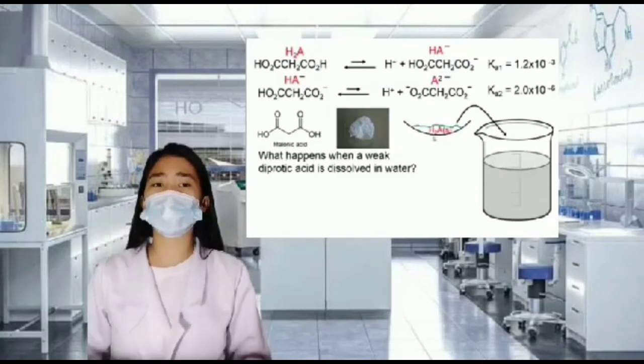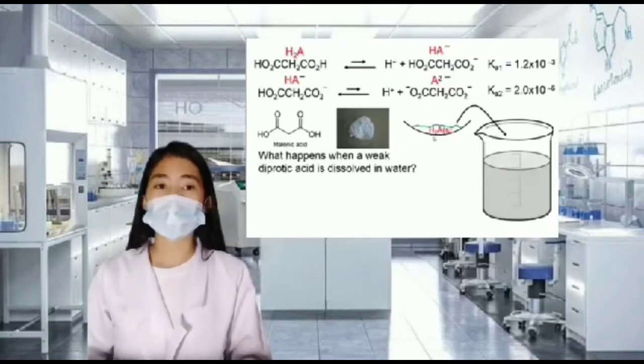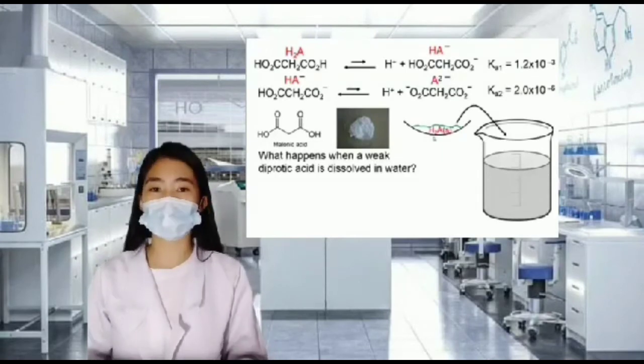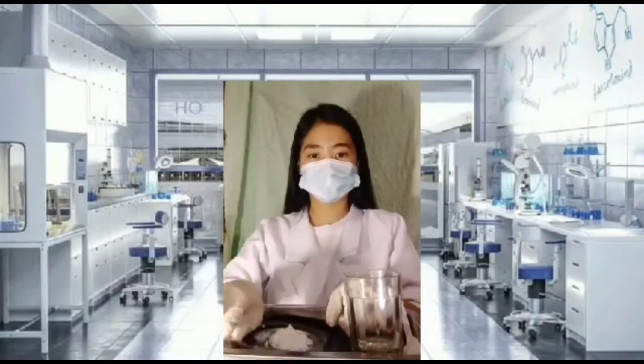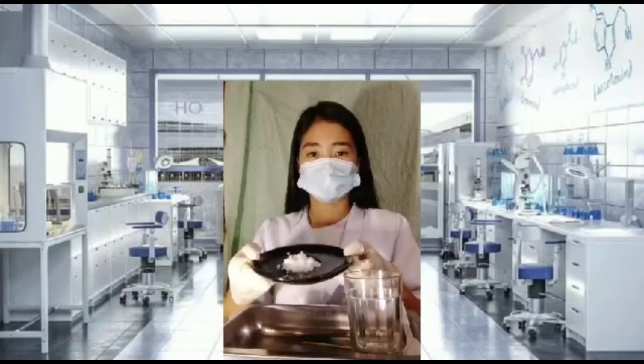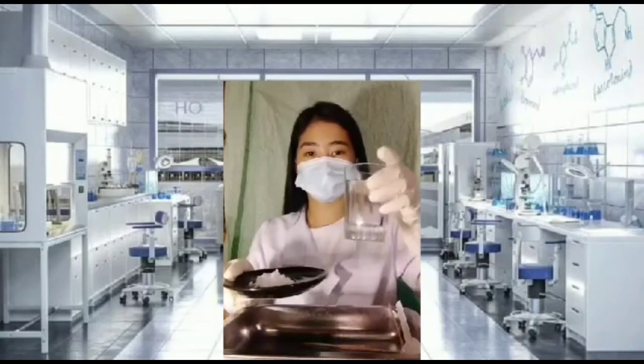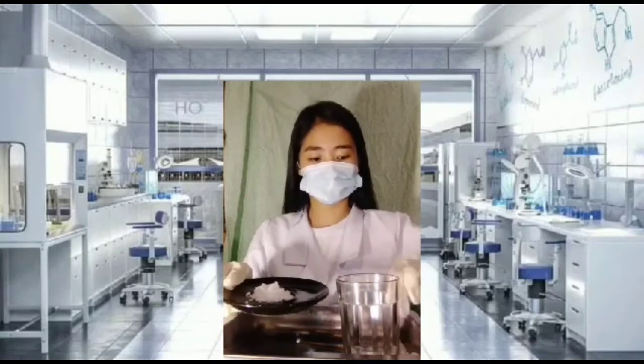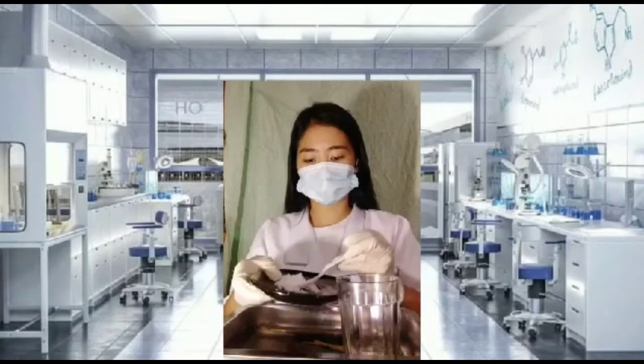HA negative is of course the reactant for the second step, and the final conjugate base, the dianion malonate, is represented as A2 negative. So we place some malonic acid into aqueous solution. This is a weak acid and so hardly dissociates at all.